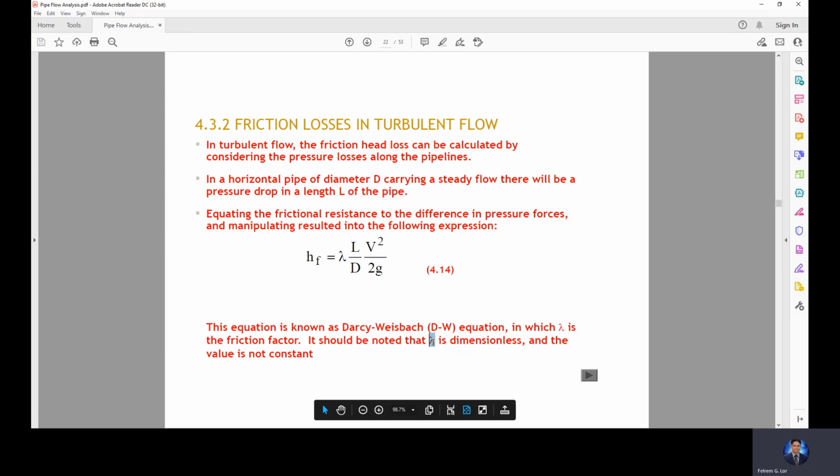It should be noted that lambda, or the friction factor, is dimensionless, and its value is not constant. In most problems in the academe, in school, it is given. But in actual practice, we need to estimate it. Lambda is a combination of the roughness coefficient of the pipe and the Reynolds number, which we call Moody's equation.